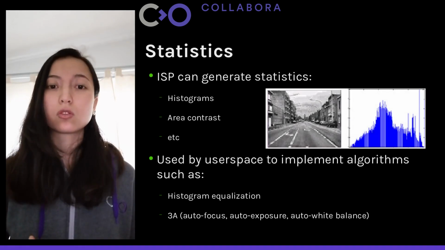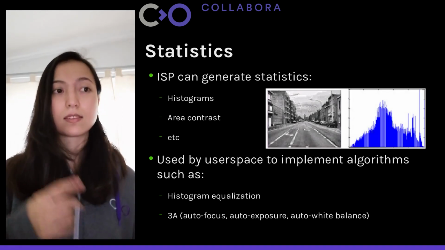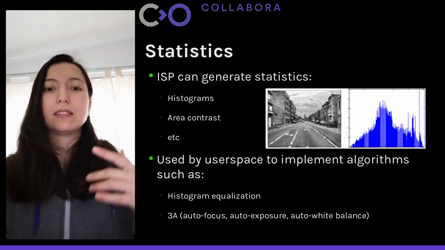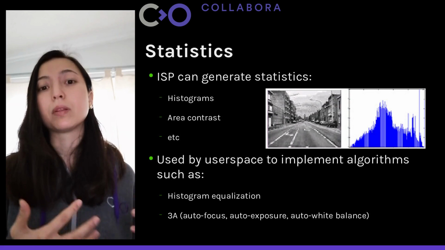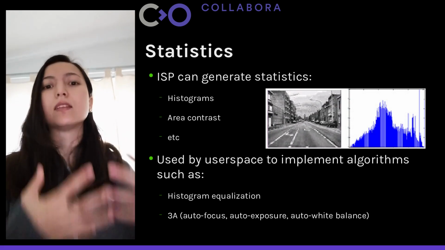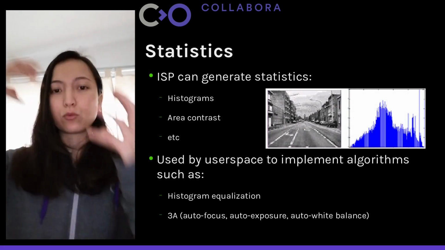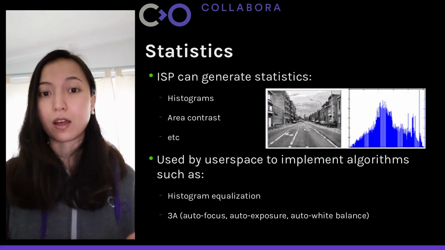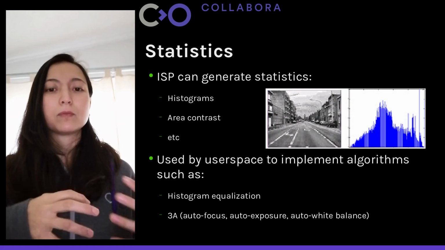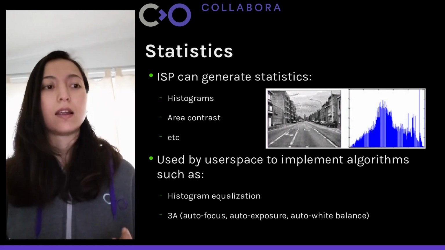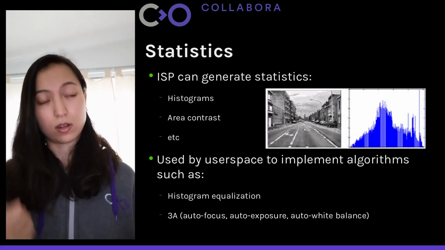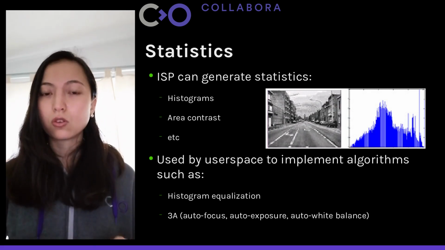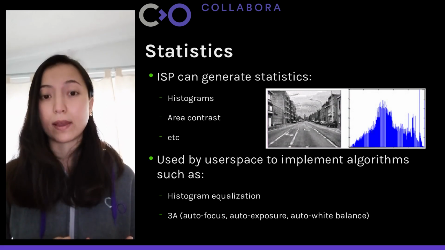An ISP can also generate some statistics such as histogram, error contrast, and several others that are used by applications to implement algorithms that can read those statistics and reparameterize the ISP to improve the image on the fly. Some examples of those algorithms are histogram equalization and what we call 3A: autofocus, auto exposure, and auto white balance.